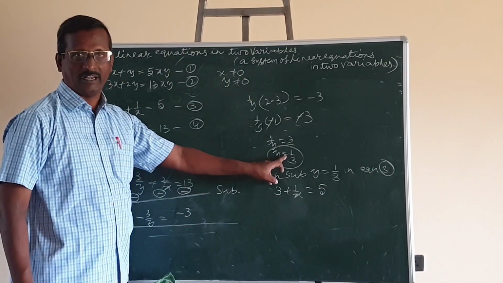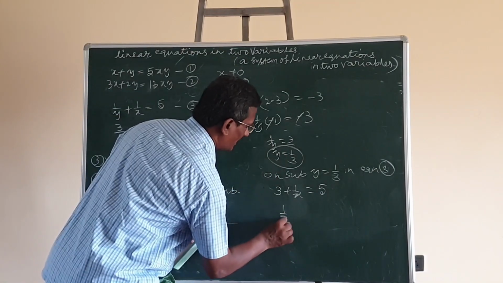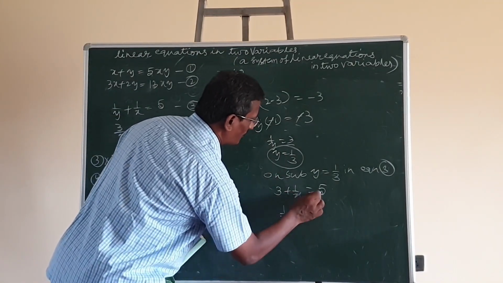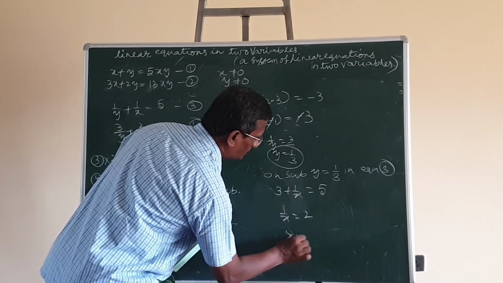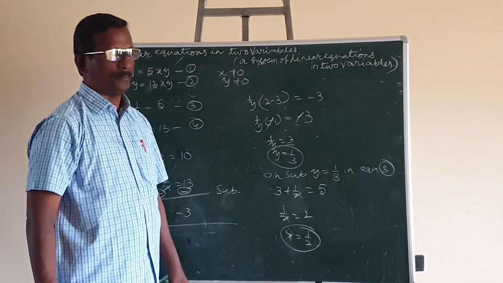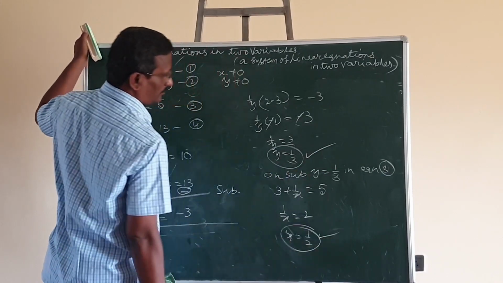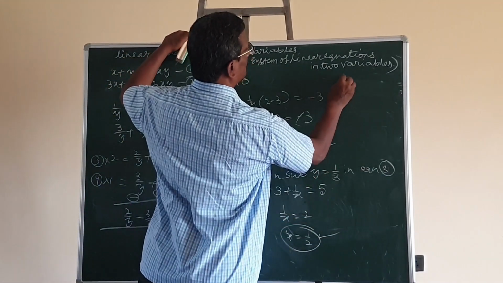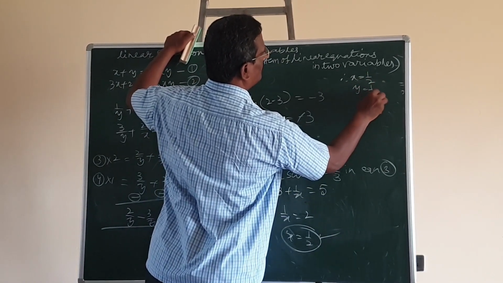So here 1 by x is equal to 5 minus 3 is equal to 2. This implies x is equal to 1 by 2. Here we got y value 1 by 3, x value 1 by 2. Therefore, the solution is x is equal to 1 by 2, y is equal to 1 by 3.